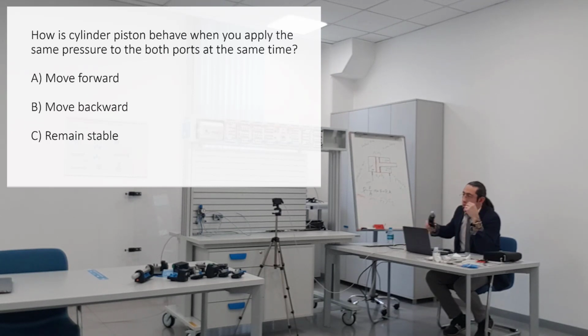When we apply the same pressure in the cylinder, on both sides at the same time, for example 6 bar, how does the cylinder piston behave? There are three options: move forward, move backward, or remain stable. What do you think? Now, I can't use a poll or other things because my students are waiting for me, but I can hear you in an oral way. What do you think?